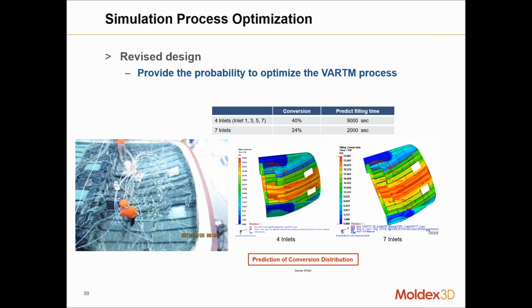The one on the left, as we can see in the middle, because there's only 4 inlets, the conversion in the middle happens fairly quickly compared to the last or nearing the end of fill. So in the middle, we are already at 40% conversion. So the material is already cured 40%, while at the end, the conversion rate is at 0. So it hasn't hardened yet, basically. While the middle is already starting 40% hardened.